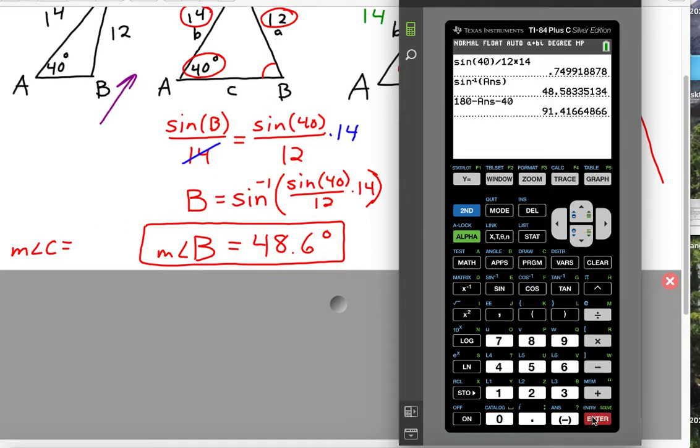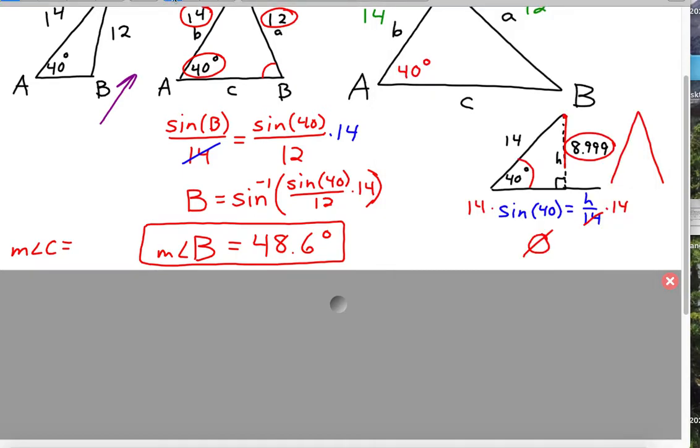So angle C is 91.4 degrees. And there we go. So now we've got our answers.